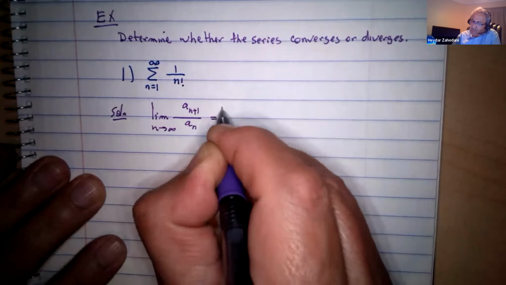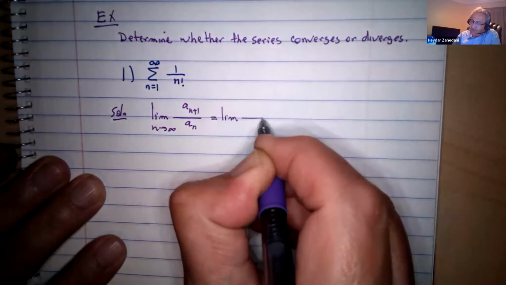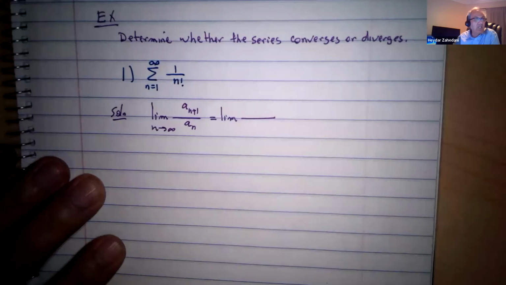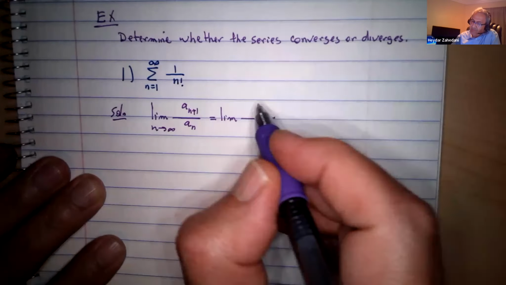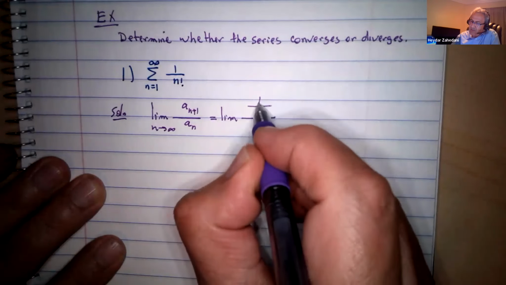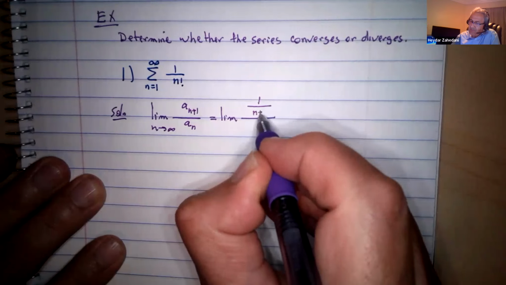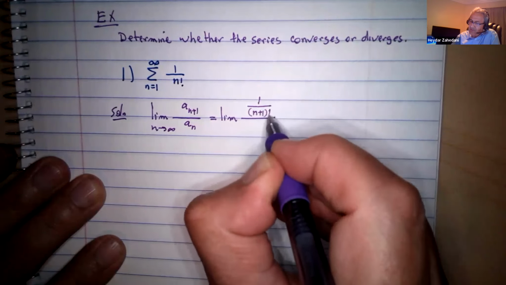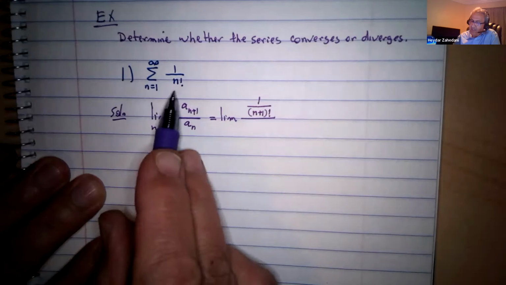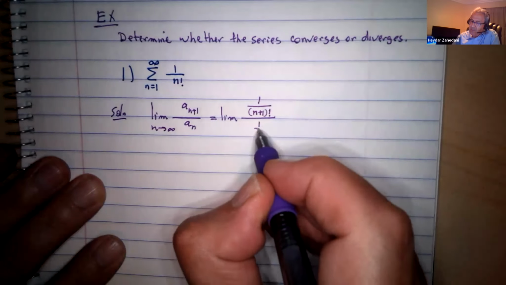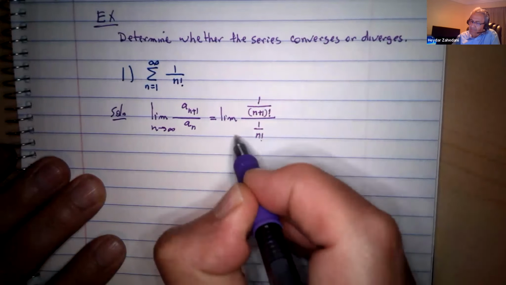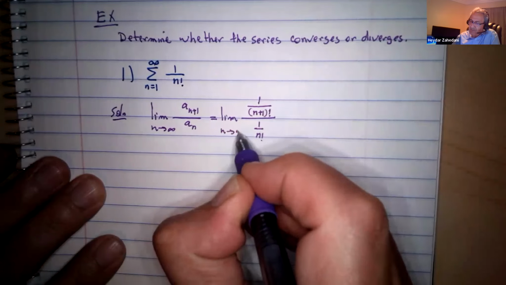On the top, a_{n+1}, you change n into n plus 1, so you get 1 over (n plus 1) factorial. a_n would be just 1 over n factorial, and n goes to infinity.